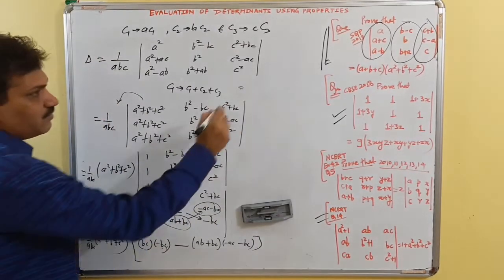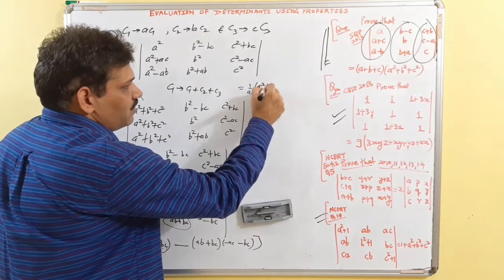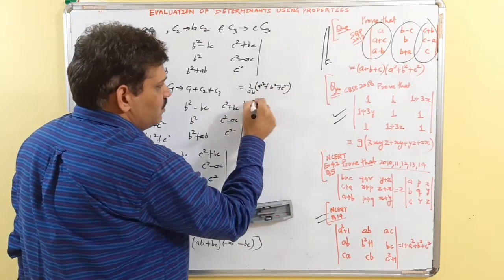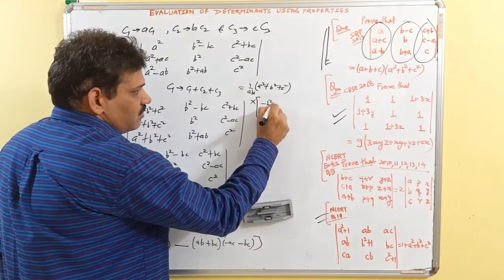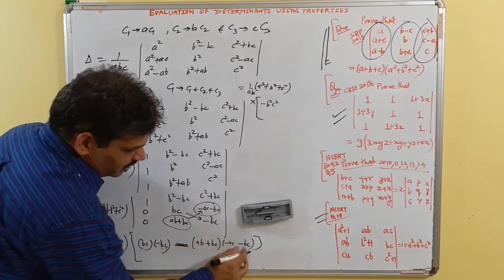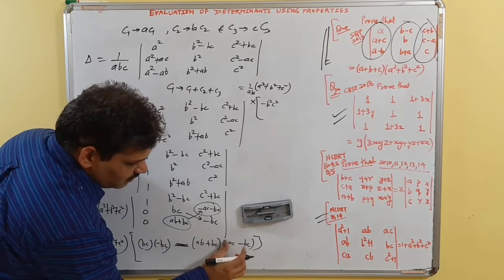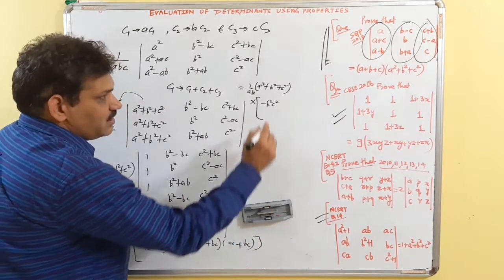What will happen is 1 upon ABC into A square plus B square plus C square into, let's see, minus B square C square. Okay, this minus is there, so AB will be multiplied by, these two terms are negative, let's take negative sign common so that it is good.